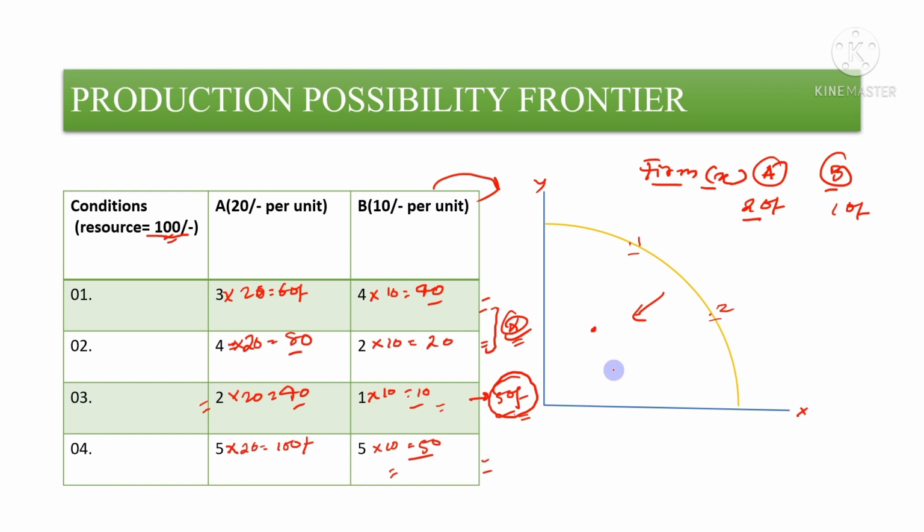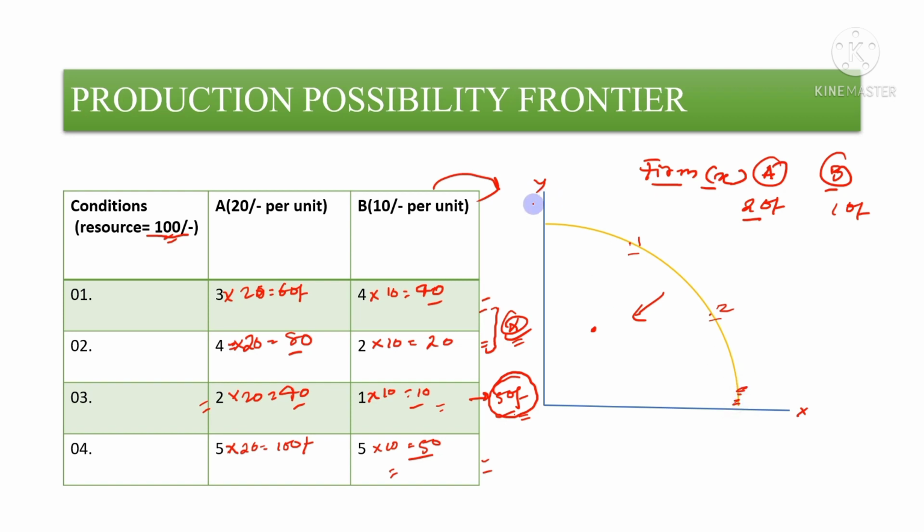This is what happens when there is instability in the market, or an export barrier, or higher tariffs imposed on exporters, so they will produce less in order to not incur losses. In the second condition, if the market is demanding a lesser amount of product B and a higher amount of product A, this graph will shift towards this end.